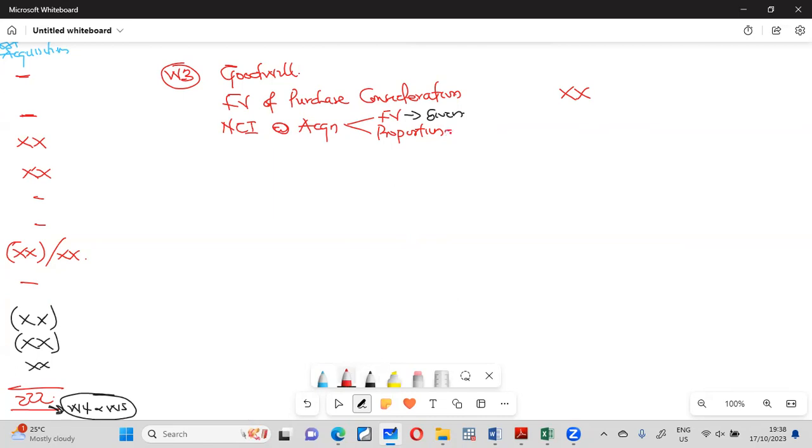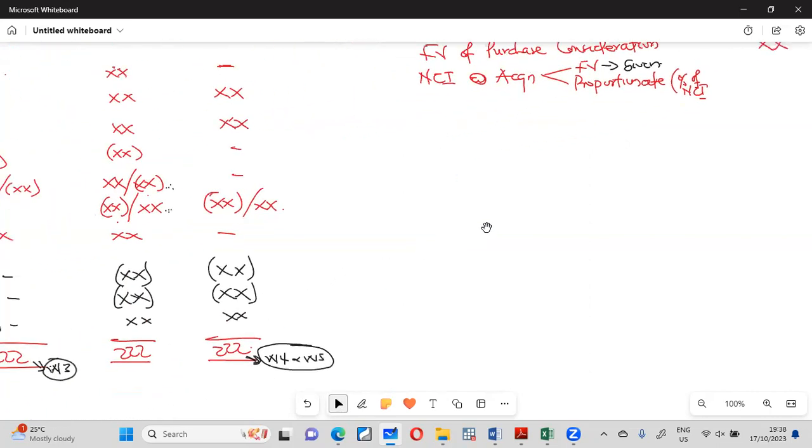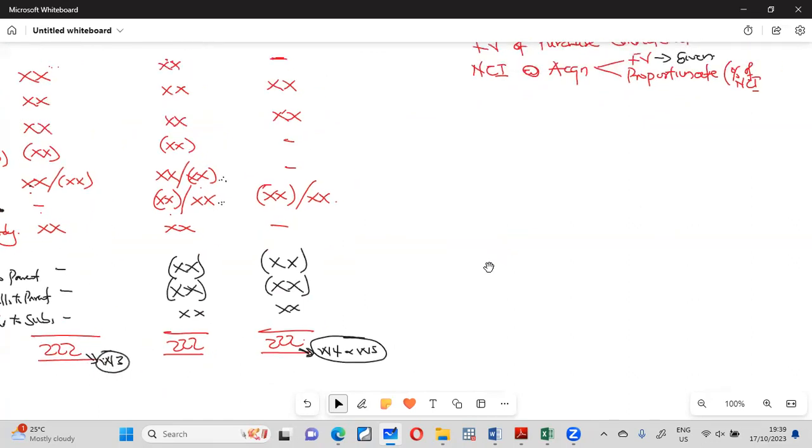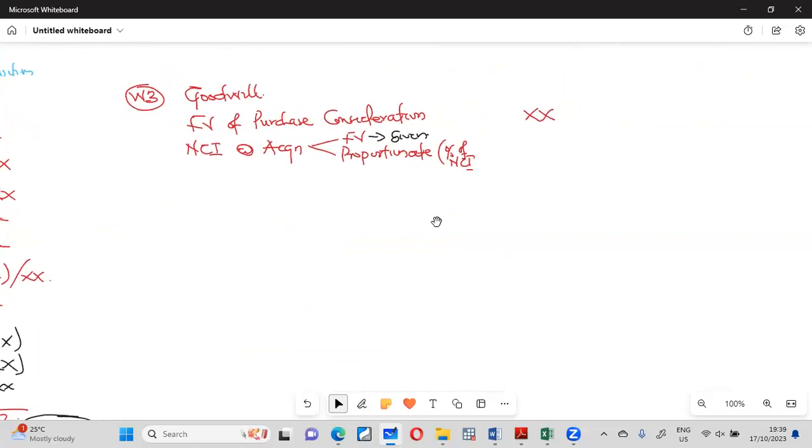And how do you use the proportionate method? The proportionate method is the percentage of the NCI, the part that you didn't buy, multiplied by your working 2 here, the fair value of net assets at acquisition. So if you get it wrong here, whatever you are coming to do here is also wrong.